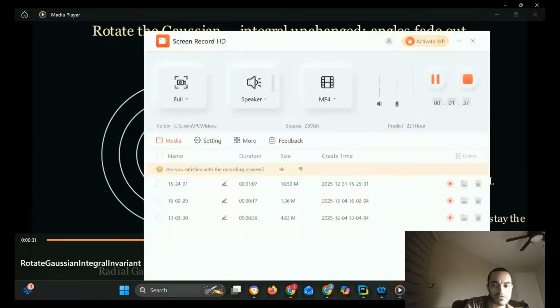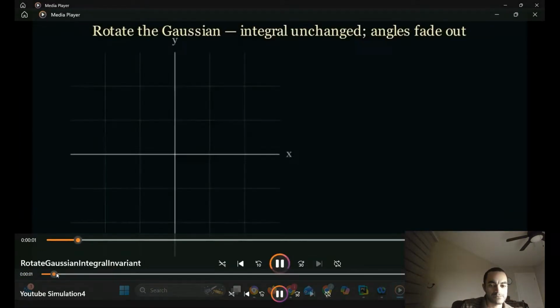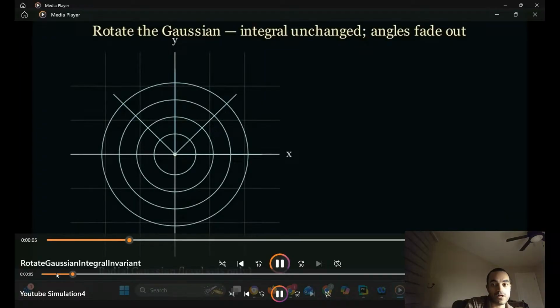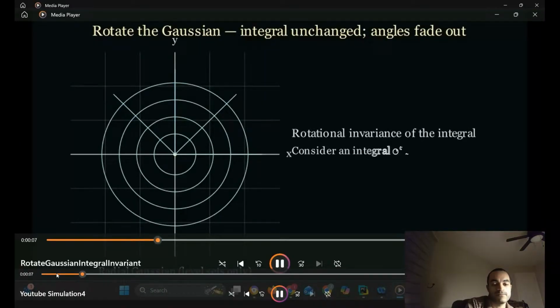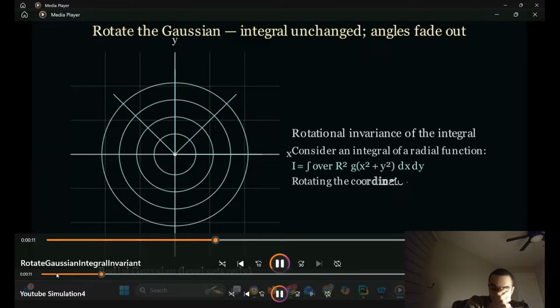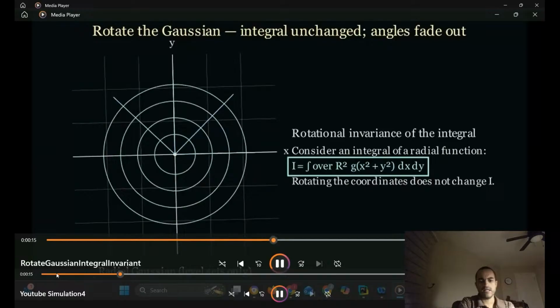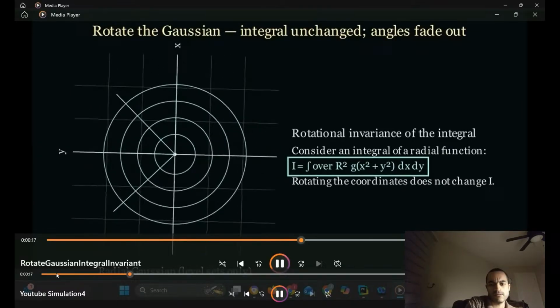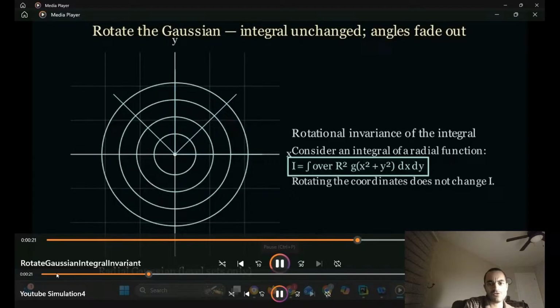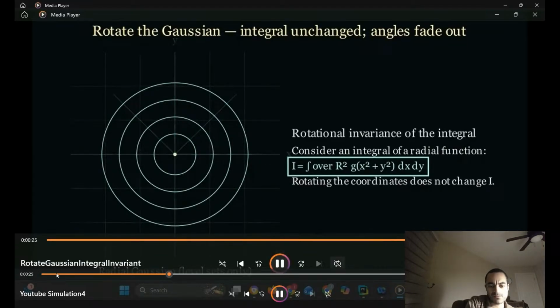That means that it's kept constant. The integral is constant. It's unchanged, and the angles don't matter. This is a continuation of what I was saying earlier, that the angles do not matter when it comes to distance, because regardless of how I rotate the Gaussian, and when you're rotating anything, there's some sort of angular displacement.